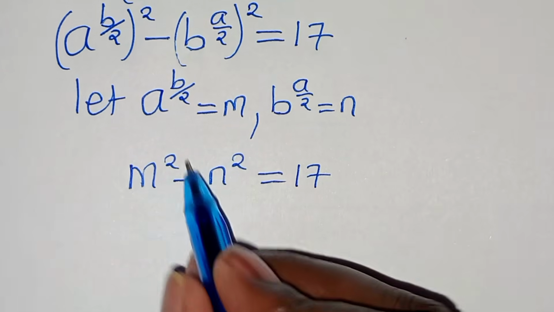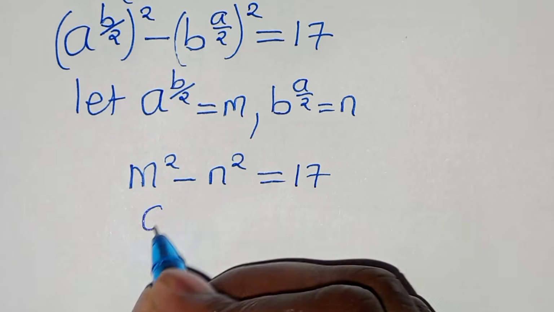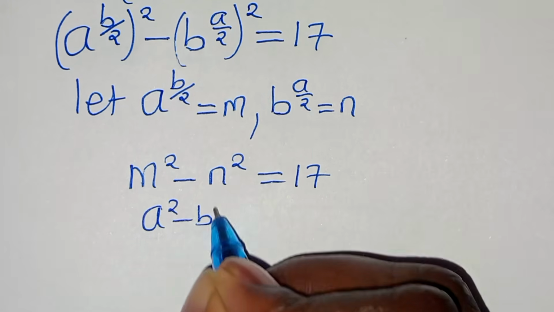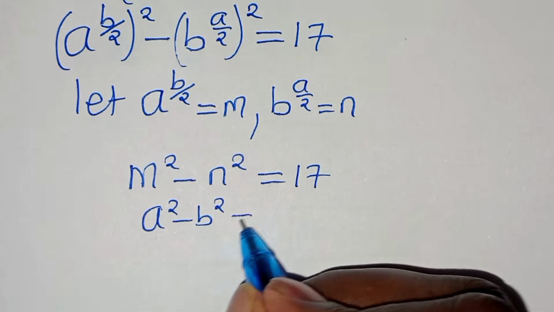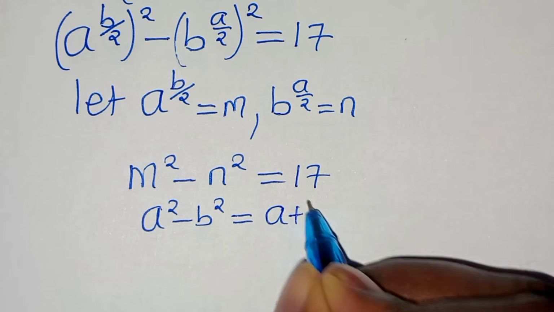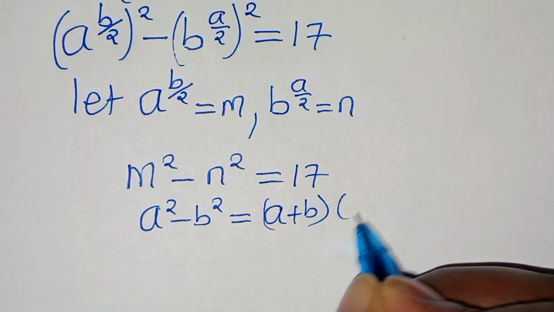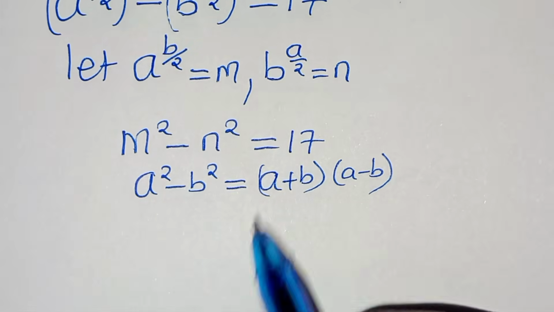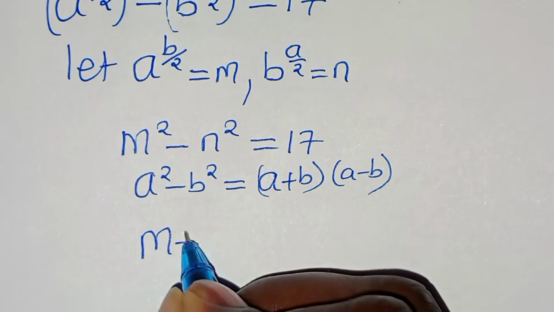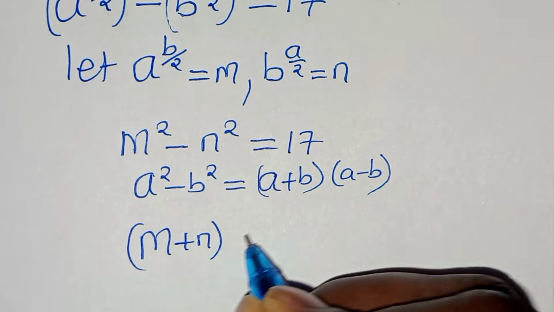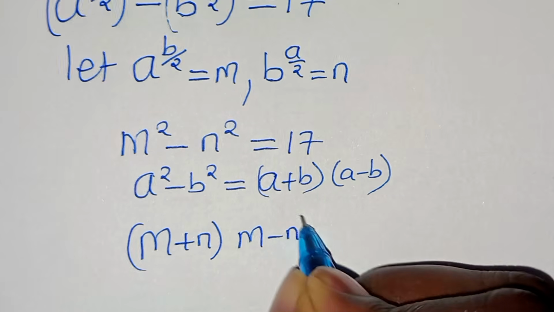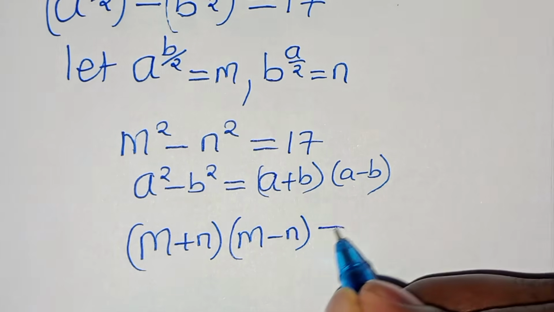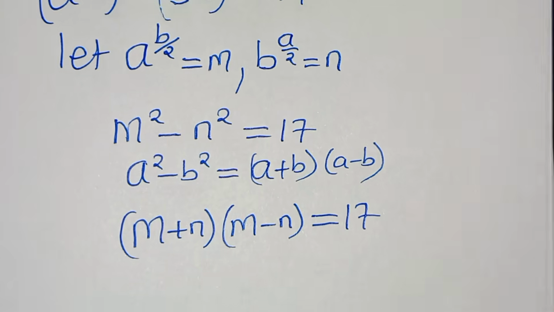This is in the form of a squared minus b squared, the difference of two perfect squares, which we can express as a plus b multiplied by a minus b. So m squared minus n squared is m plus n multiplied by m minus n, equal to 17.